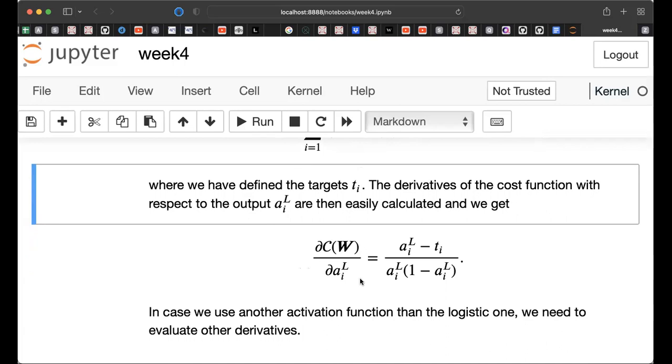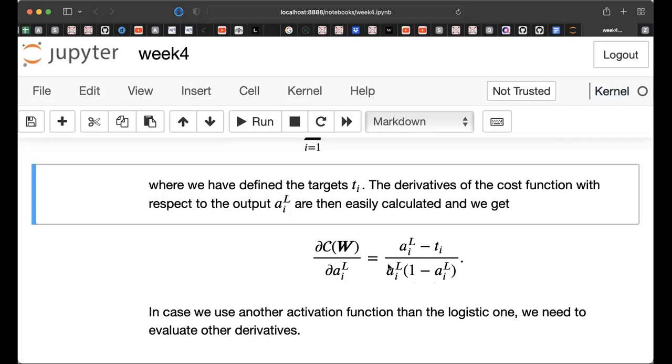And when we do that, we get something which is now dependent on the type of activation function which we have. So in this specific case, we have used the logistic function. And then in case we are using something like the ReLU function, or the leaky ReLU or exponential ReLU or the tan hyperbolicus, then we would need to replace the denominator here with another derivative.